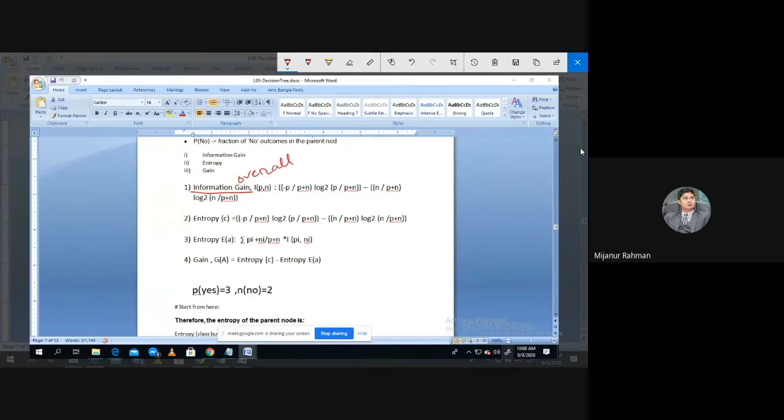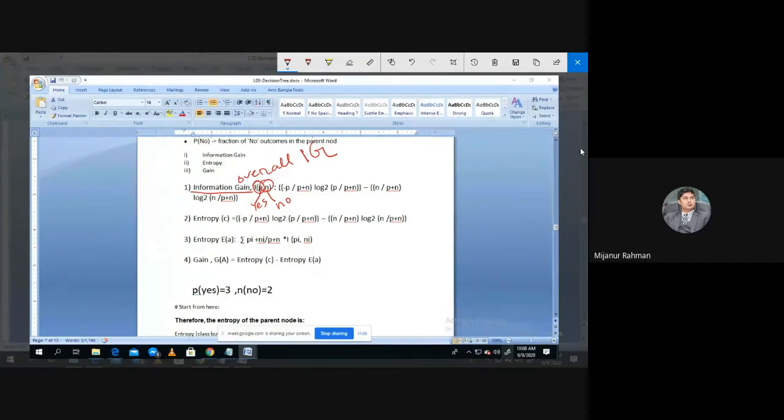This formula is I(P, N), where P means yes and N means no. It could be any name, it doesn't matter, but P implies yes and N implies no.